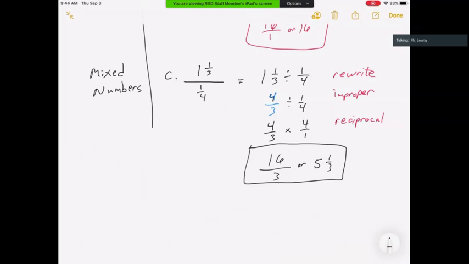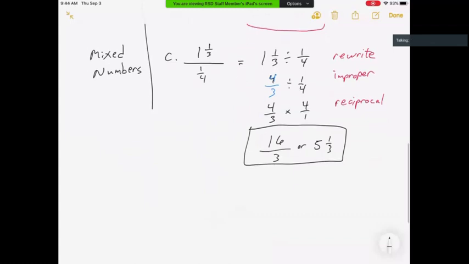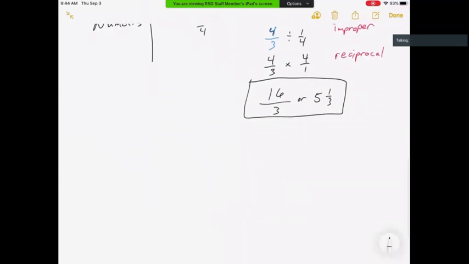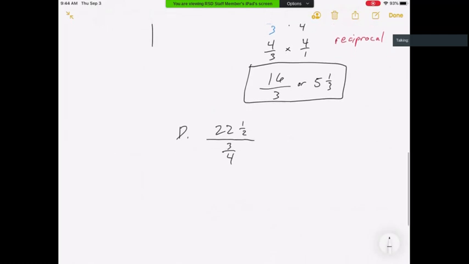Okay, so let's have you guys do one. Letter D. This one will be a little bit harder. 22.5 divided by 3/4.